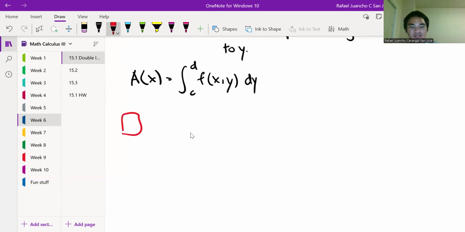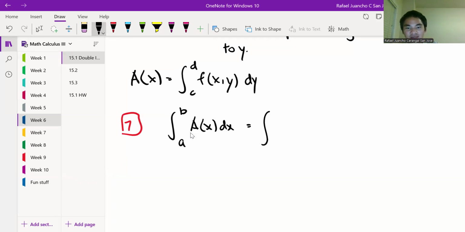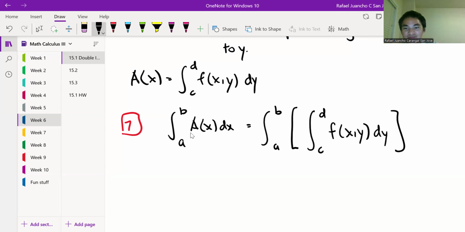Now what happens if we integrate this from a to b, and here we do it with respect to x? So what's happening here is the same thing as integrating this integral with respect to x.